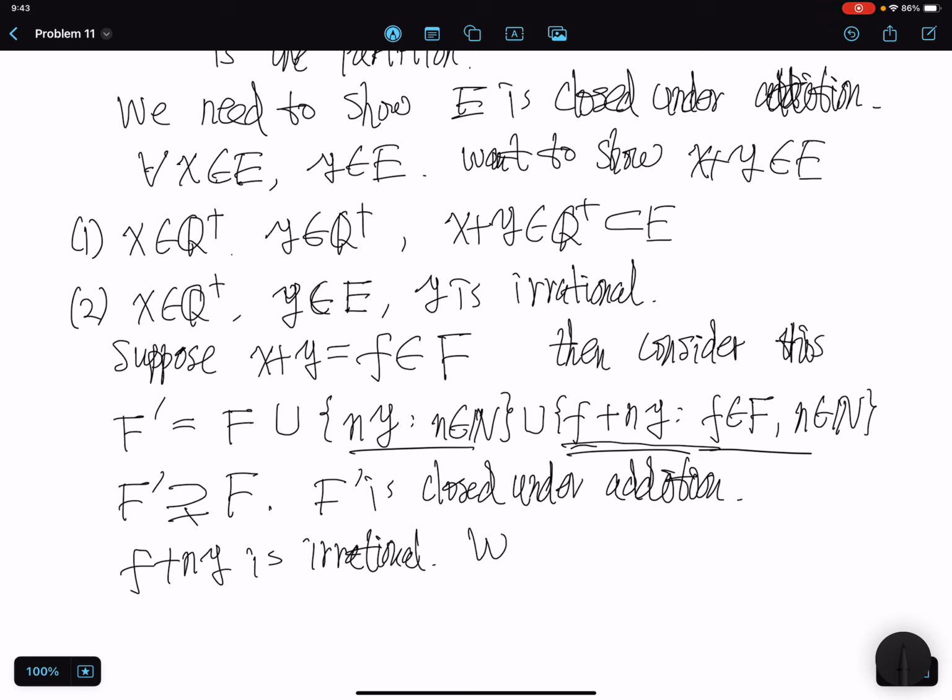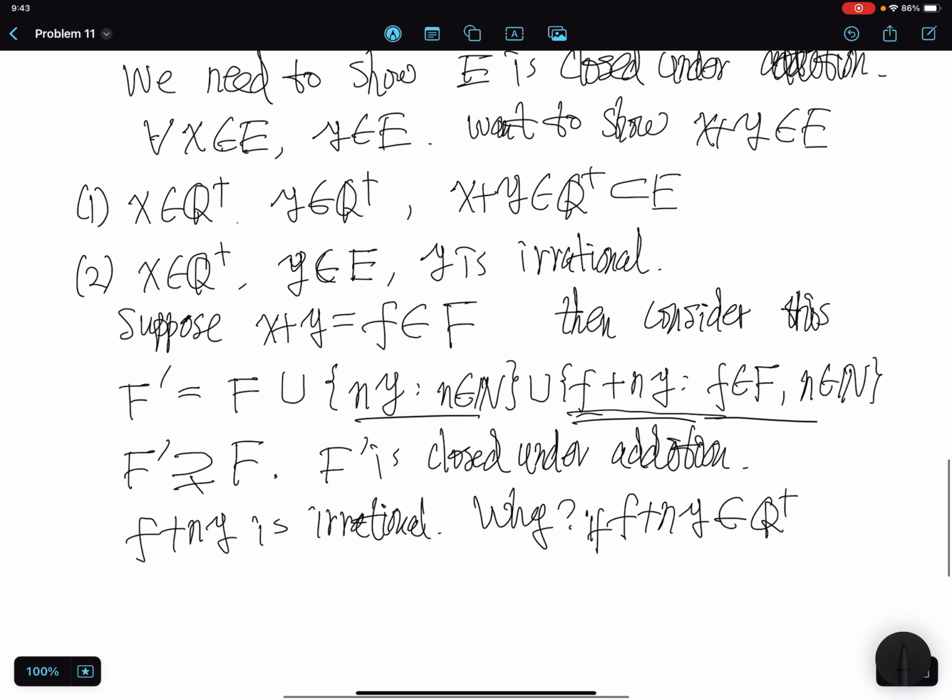Why? Because suppose this is rational. We use F prime: X plus Y is F prime. So we have F prime minus X, and this is f plus nY, so f prime minus nX.